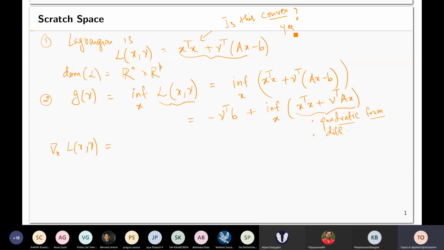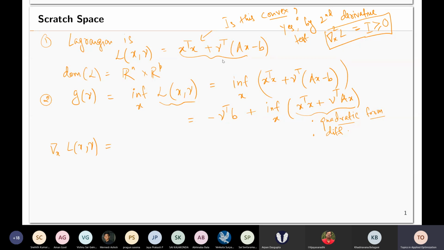So the answer is yes, by the second derivative test. In other words, the gradient squared of L with respect to x gives identity, and identity is positive definite. So it is convex.